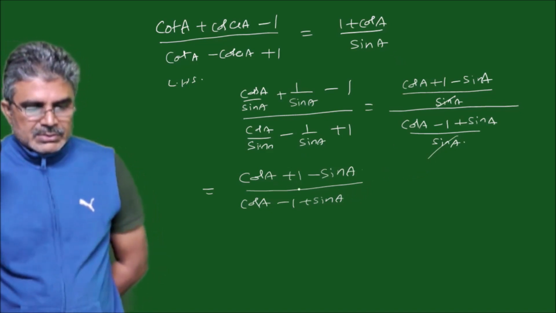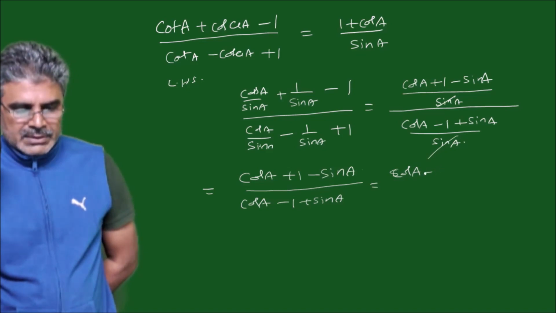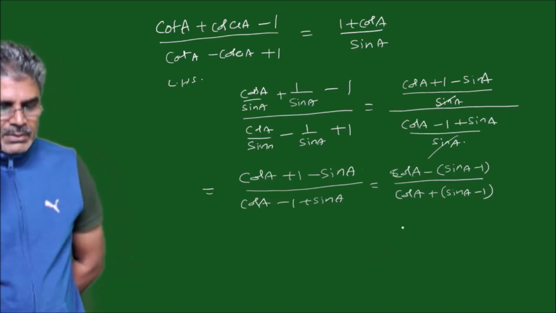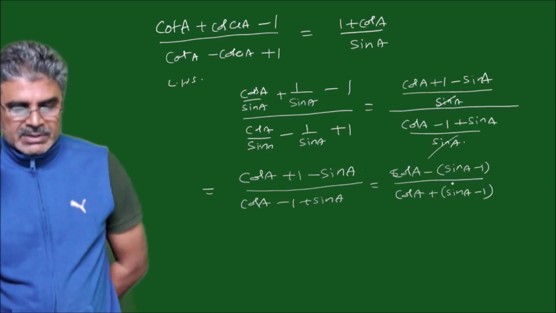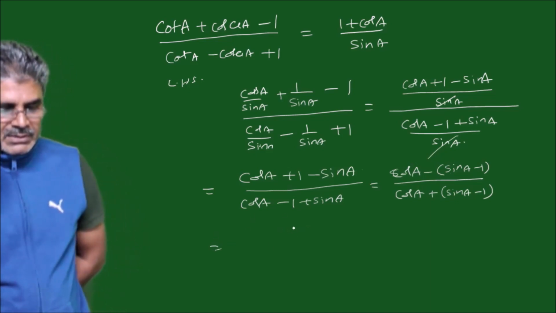So here I just rearrange these terms: cos A minus, I'll take out minus as common here, so you will have sin A minus 1 whole divided by cos A plus sin A minus 1. See these terms, A minus B by A plus B. So now I can rationalize the factors.